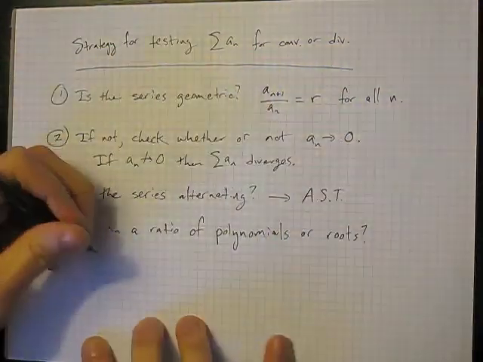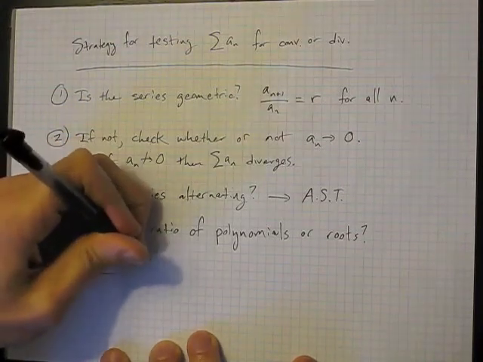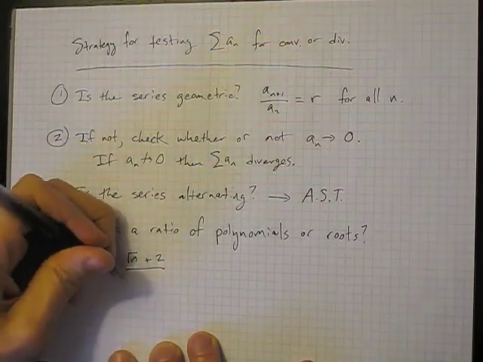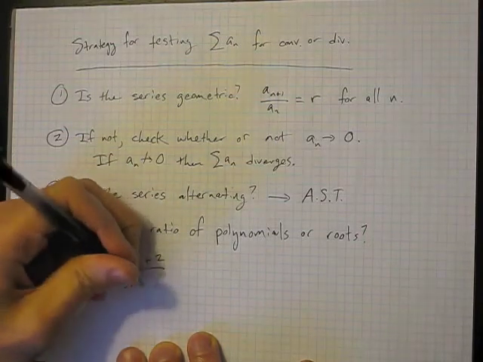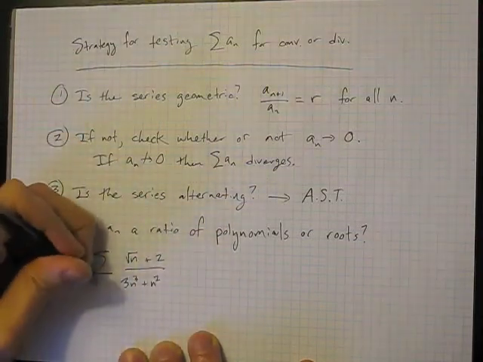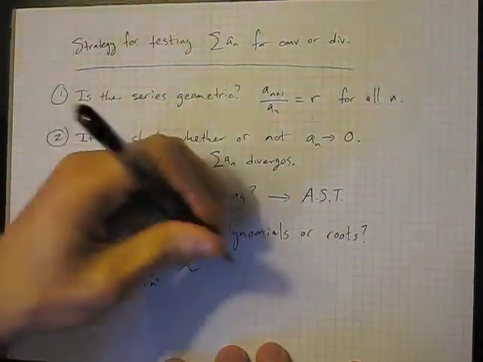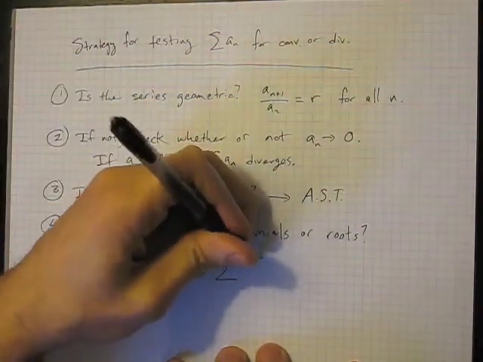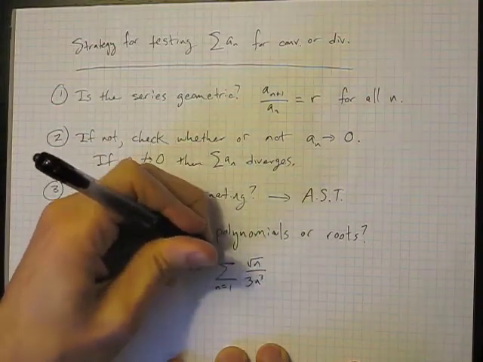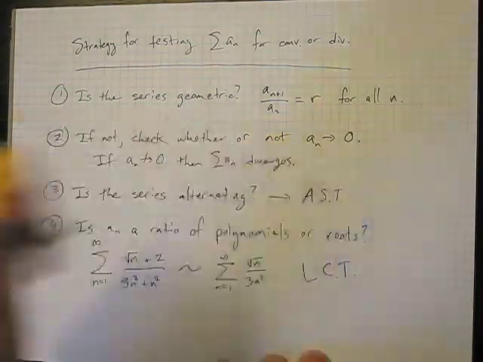So for example, maybe you're looking at something like the square root of n plus 2 over 3n cubed plus n squared, just as an example. Here, this series should act like the series square root of n over 3n cubed, and so you try the limit comparison test.